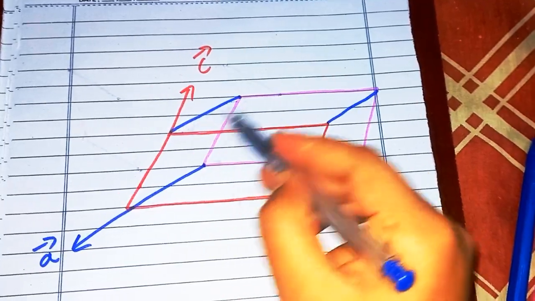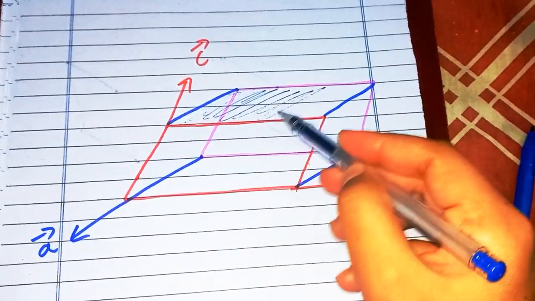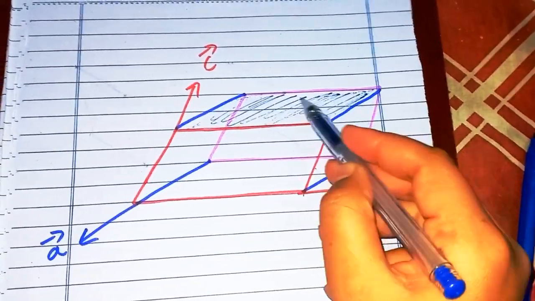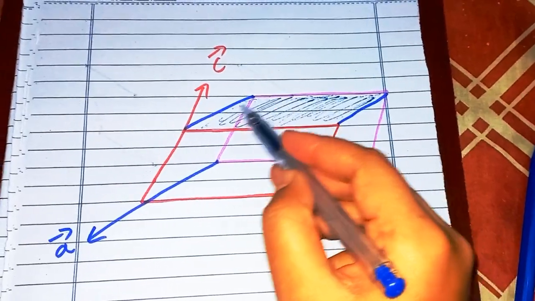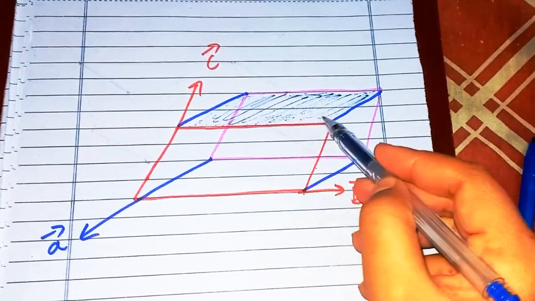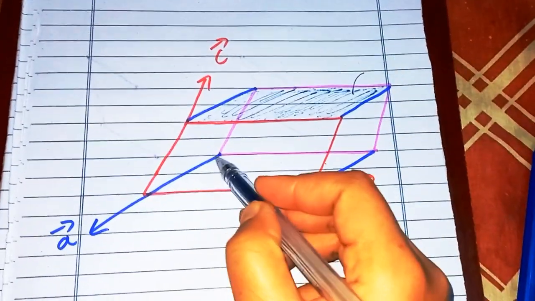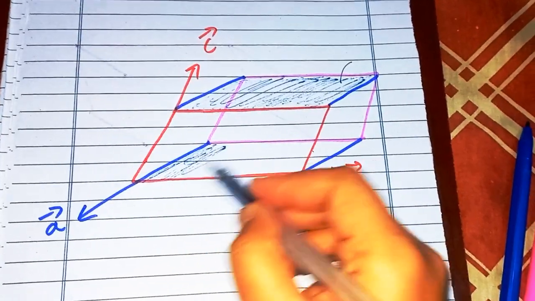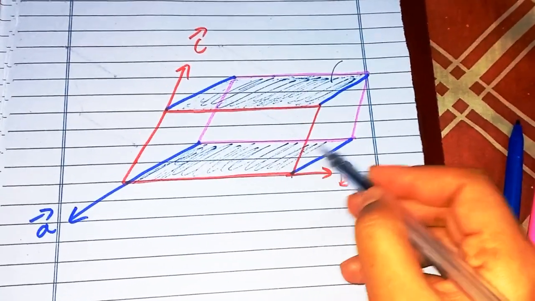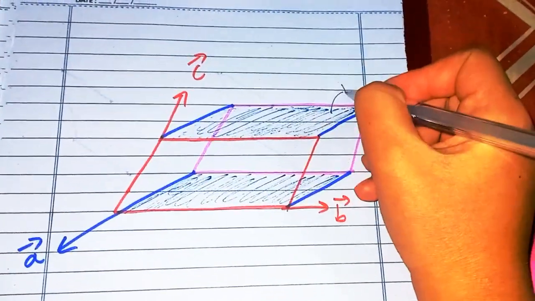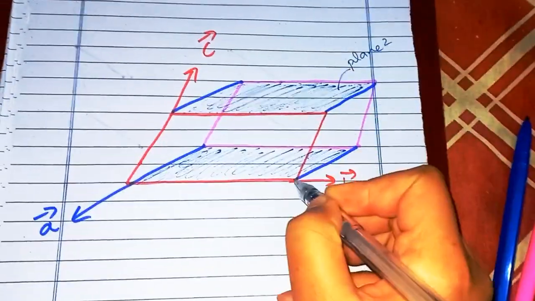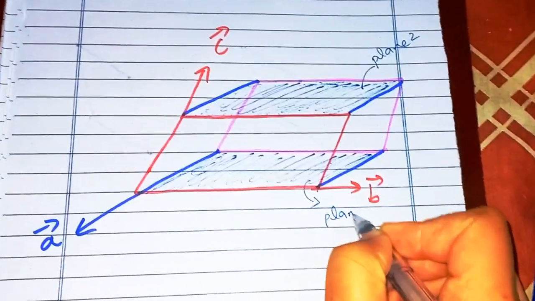Because we are interested in interplanar spacing, we should have two parallel planes inside this figure. So this is one of the planes, and this is another plane, and we can see that both of them are parallel to each other. I'll call it plane number 2, and let's say this is plane number 1.